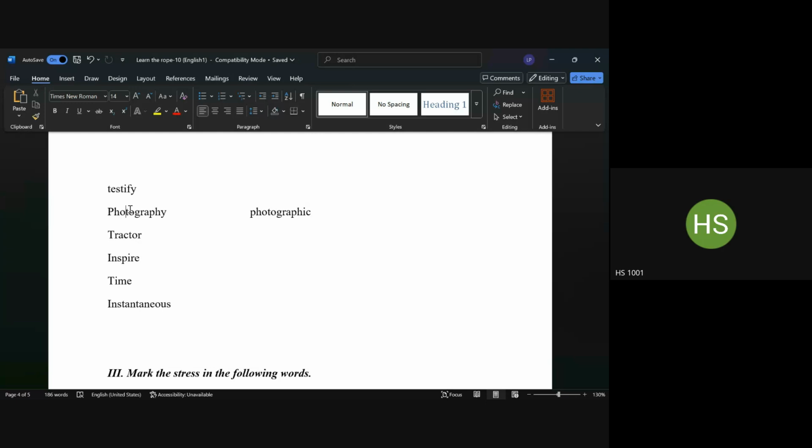I think I'll have to check it myself. Instantaneous is an adjective for sure, but I have to check if it is marked on the first syllable. Ideally, it should be marked on the first, given that it's an adjective and that the suffix is not something that causes a movement in the stress. If that is the case, you won't have anything aspirated.